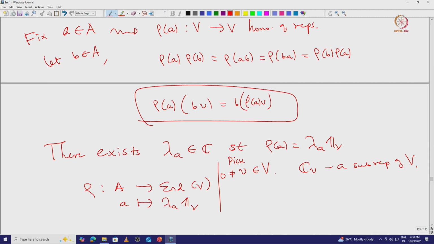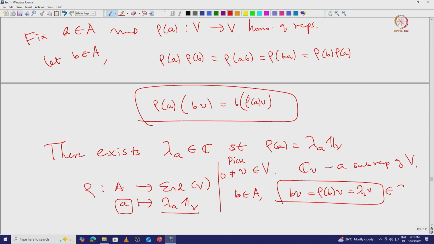Why is this a subrepresentation? Let us start with some b in A and compute b times v. This is the same as rho of b applied on v. Since a is acting as lambda_a times identity, rho of b v is exactly lambda_b v. So, b times v is again an element of Cv. This tells you that the subspace spanned by v is indeed a subrepresentation of V. That forces V equal to Cv.